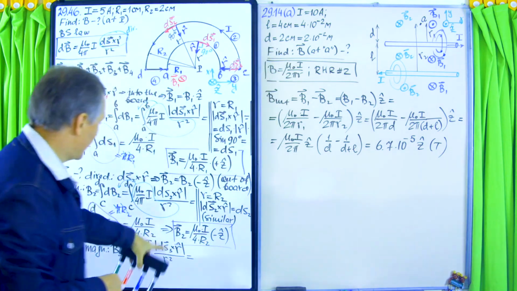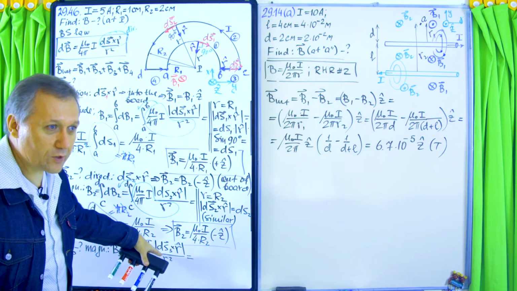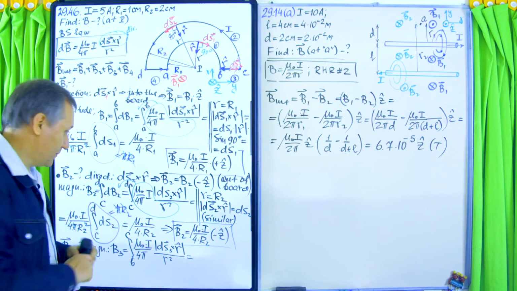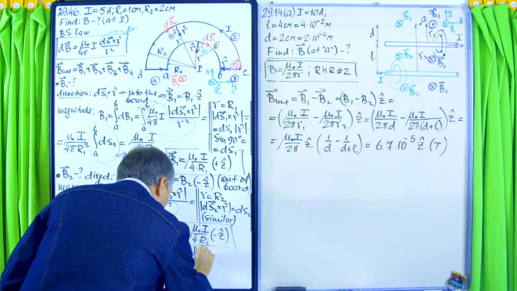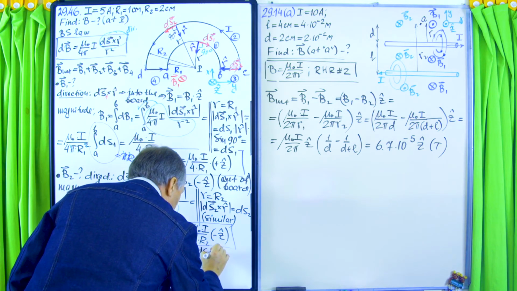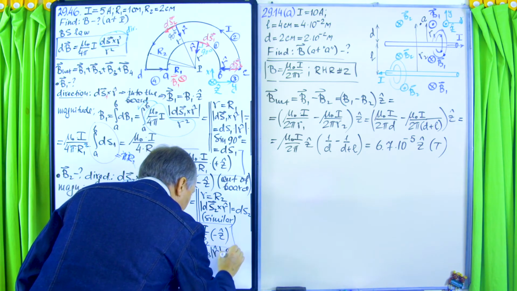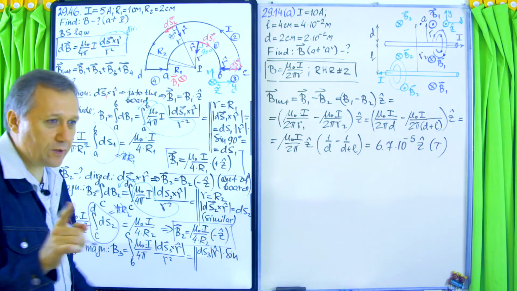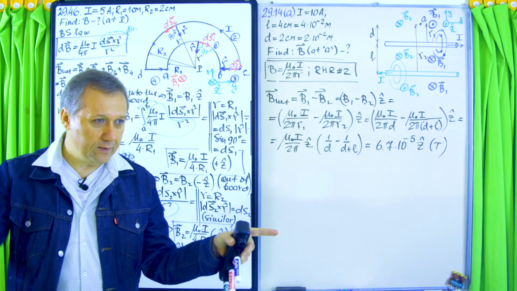So the cross product of two anti-parallel vectors. What's the value? Okay, let me write that. I will probably write in my explanation box. So it's ds3 times the absolute value of r hat, then times the sine of, what's the angle between two anti-parallel vectors? 180 degrees, pi.